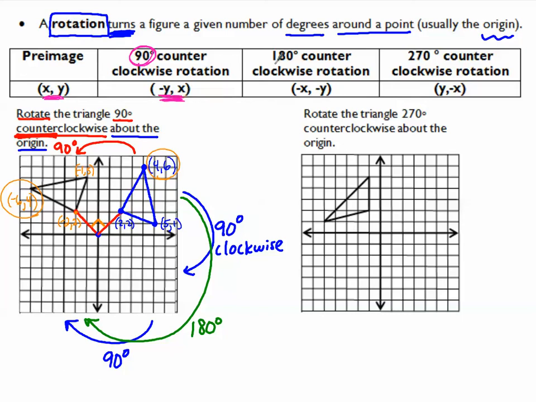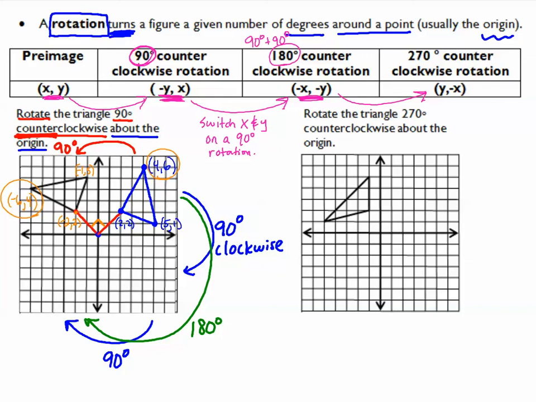Every time there's another 90 degree rotation, the X and Y switch again. So we just have to figure out how many times we are doing a 90 degree rotation. That's how many times we switch the X and Y, and then we just have to figure out which quadrant it is supposed to land on.